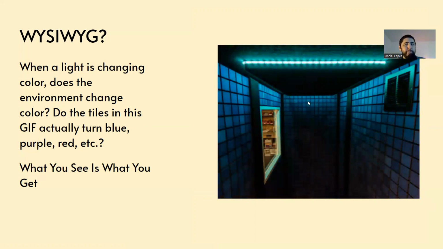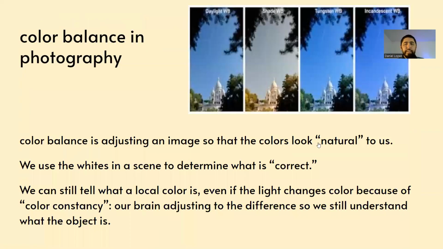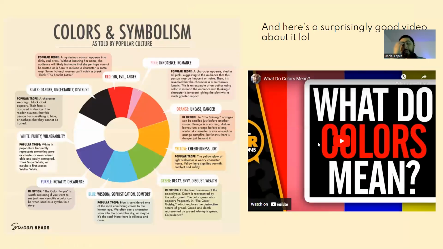So it's both. I'll just go to this example. Basically here, you're equally correct if you say this is gray or this is red. You just have to specify it's red under observed color, but the local color is gray. Okay. Human perception is fun.